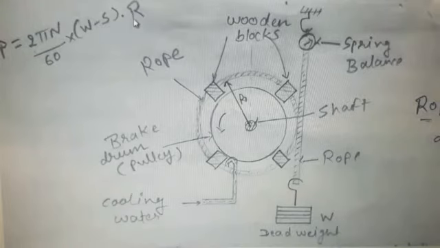Then what is R? R means the radius, the brake drum radius plus the rope radius from the shaft. This is the addition of the brake drum radius and the rope radius from the shaft.